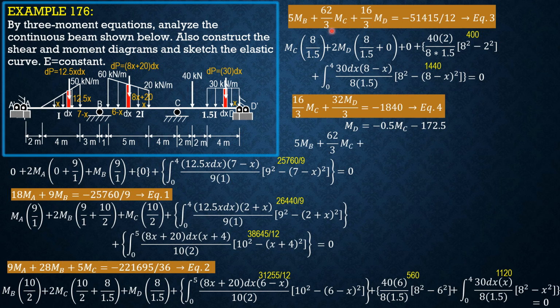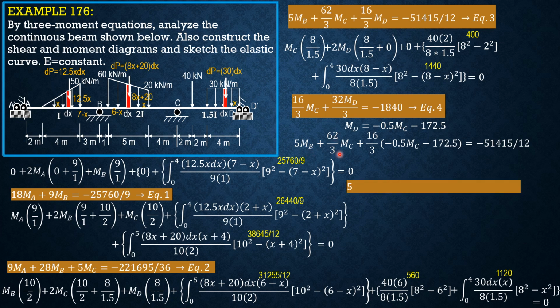So 5 MB plus 62 over 3 MC plus 16 thirds of quantity negative 0.5 MC minus 172.5 equals negative 51415 over 12. So 5 MB, simplifying, 62 over 3 minus 16 thirds times 0.5 of MC, it becomes 18 MC.